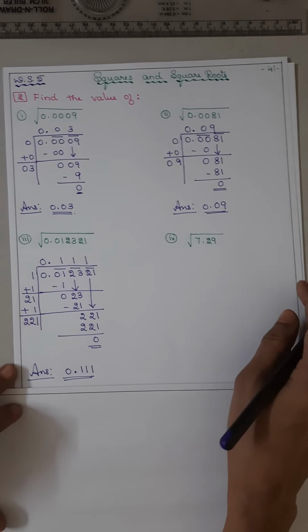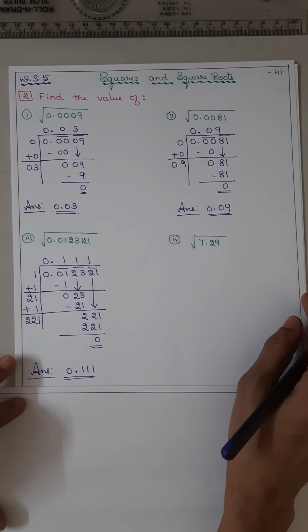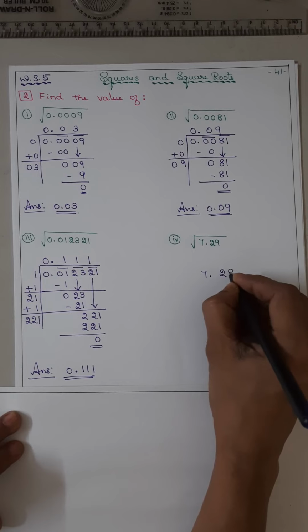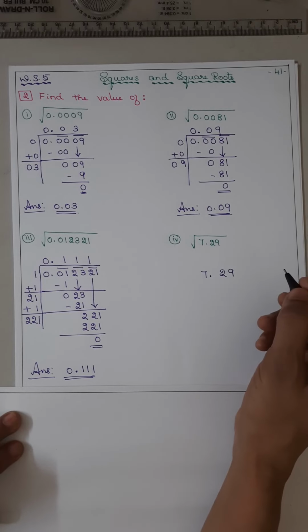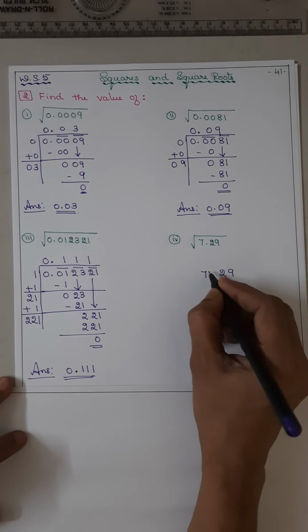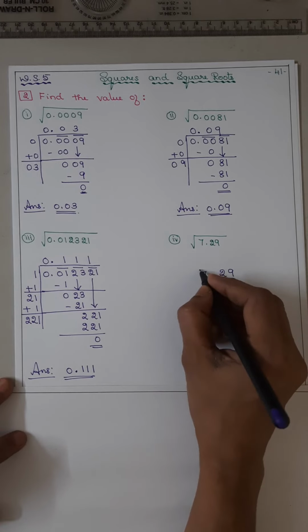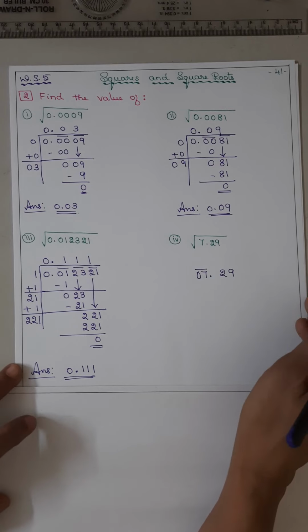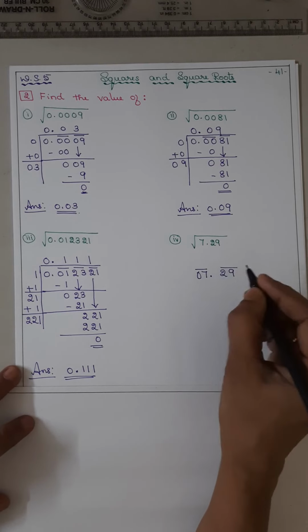Now coming to 7.29. On the whole number side, it is from right to left, so it will be 07. On the decimal side, it is left to right, it is 29.